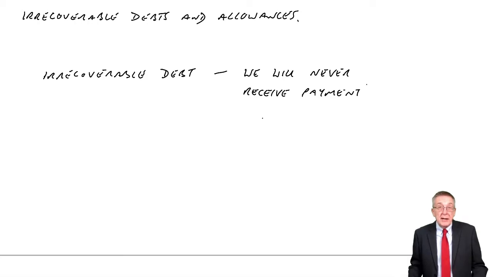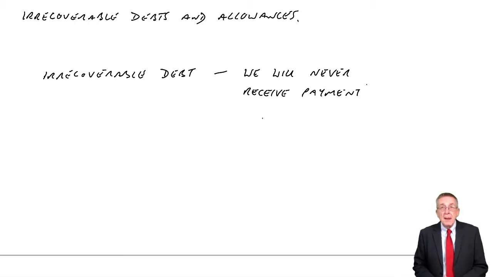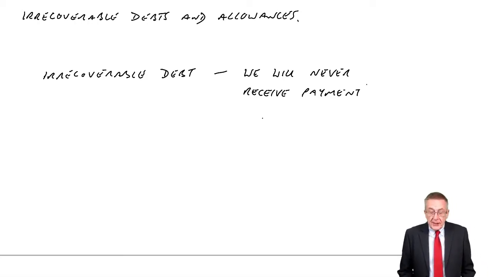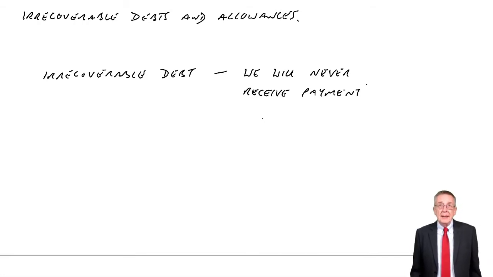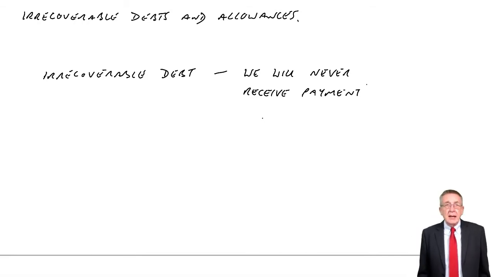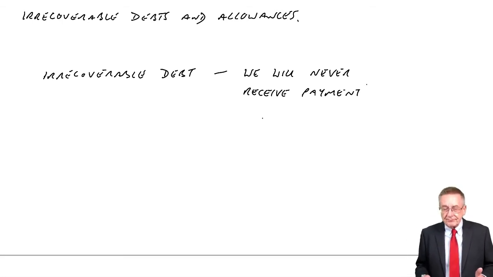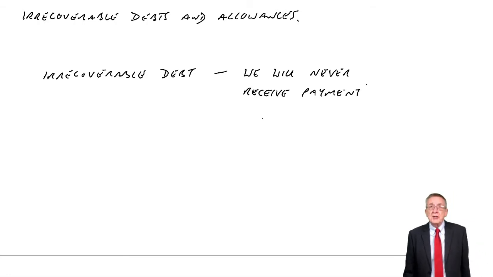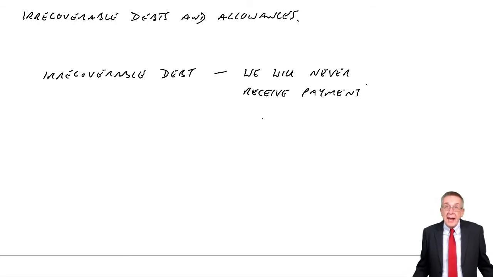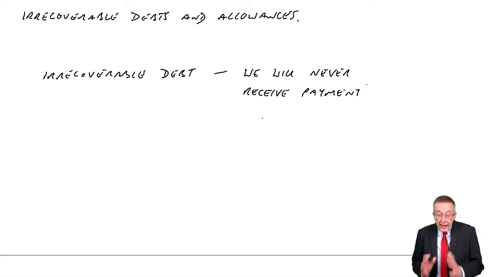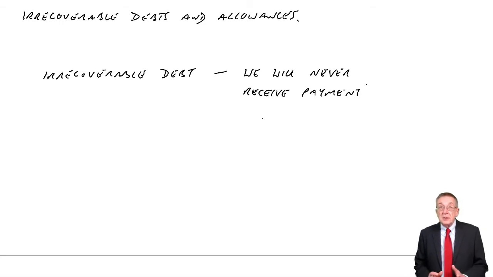And again, we know we're never going to get paid. It could, in fact, be a customer who's refusing to pay. We could take them to court, obviously, but there's an expense involved, and if they only owe a small amount, then we might decide it's just not worth taking them to court. We'll accept we'll never, ever get the money. But whatever the reason, irrecoverable is where we think we'll never, ever get the money.